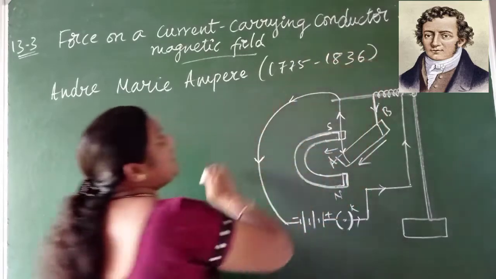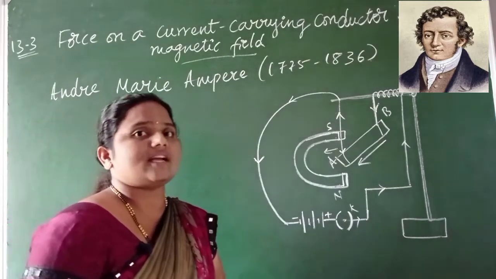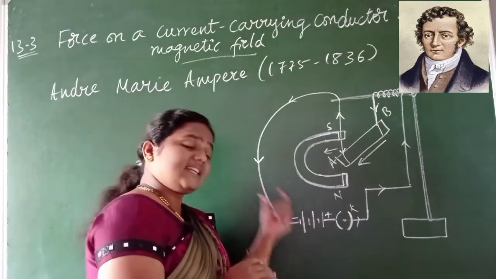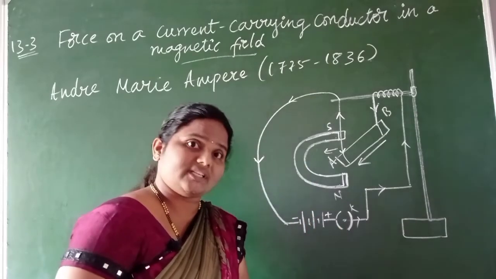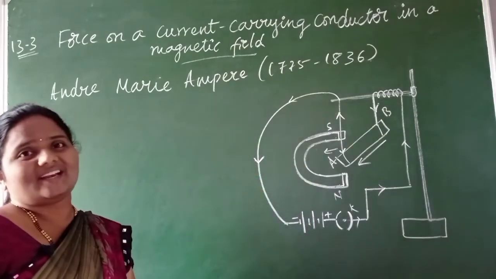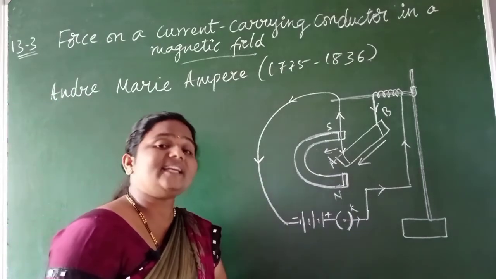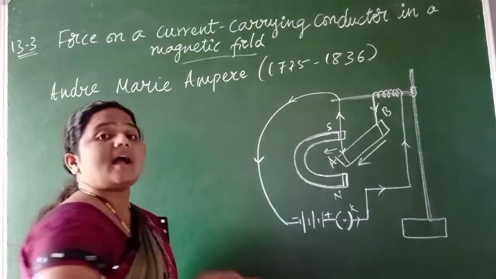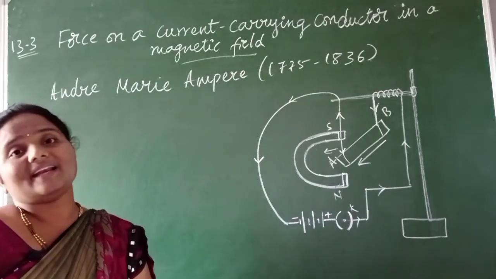In this period, he found that a magnet also exerts a force, equal and opposite, on a current carrying conductor when it is placed in a magnetic field. He stated that even a magnet exerts a force when a conductor is placed in its magnetic field.